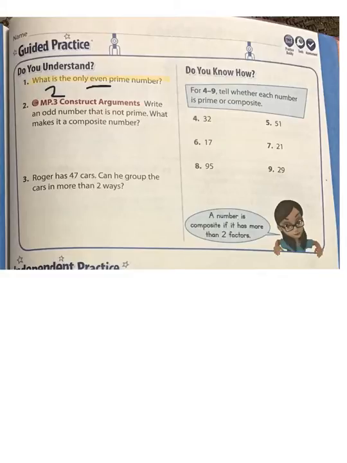Number 2, write an odd number that is not prime. What makes it a composite number? There are many odd numbers that are not prime, but one that is coming to my mind is the number 9. And 9 is not a prime number because the factors for 9 are 1 times 9, 3 times 3, and that's it, or 9 times 1.